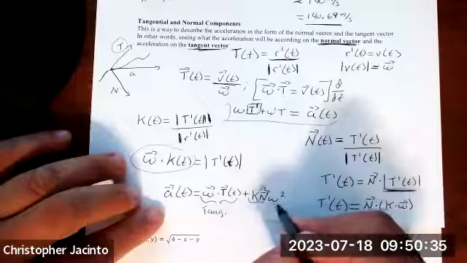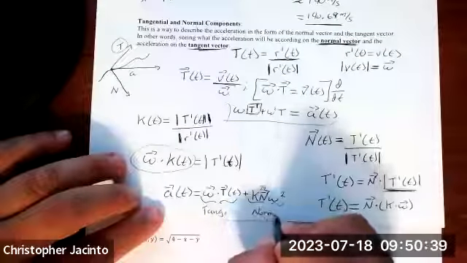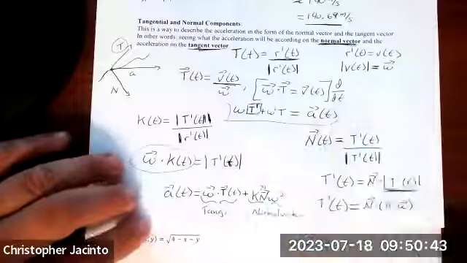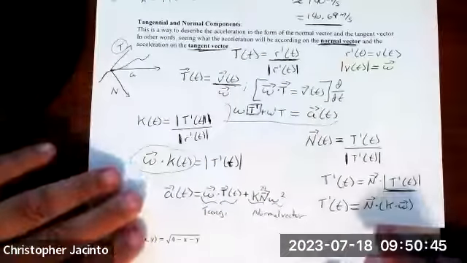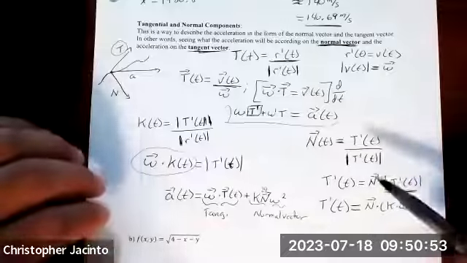This part right here is called the normal component of the acceleration.